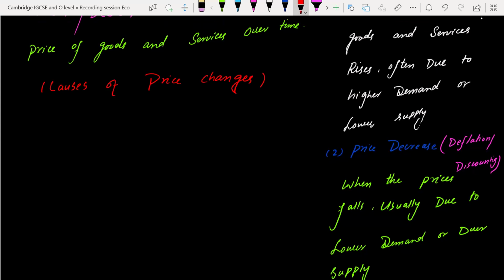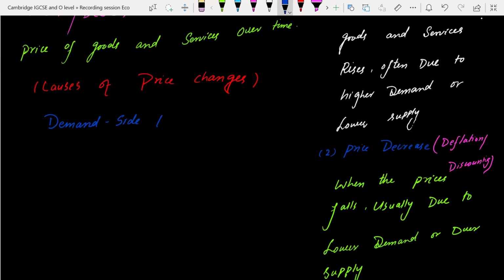The first one, demand side factors. Increase in consumer income.